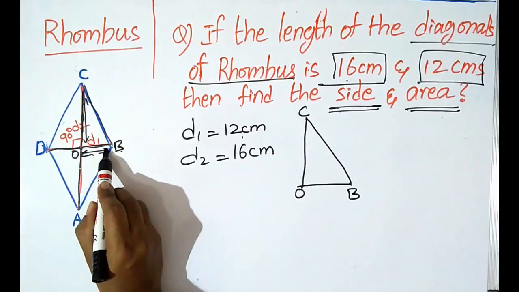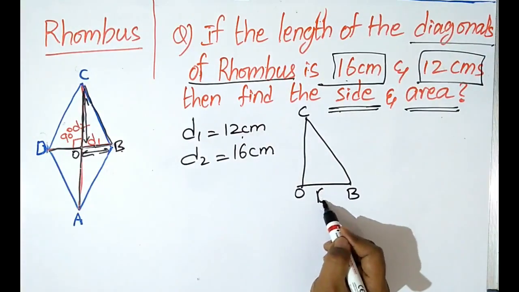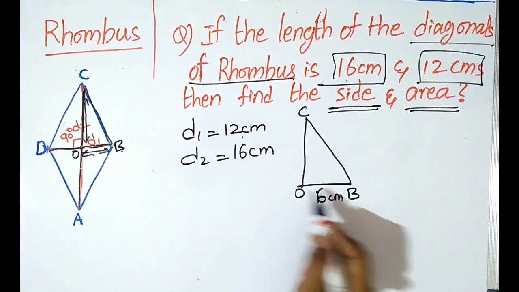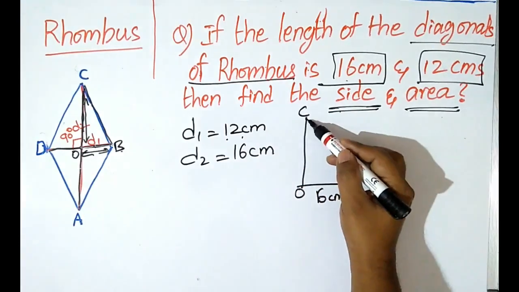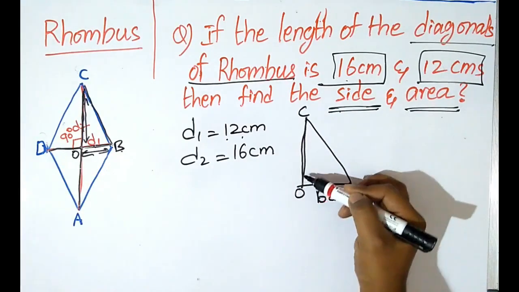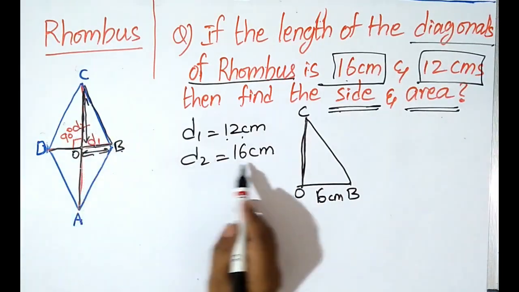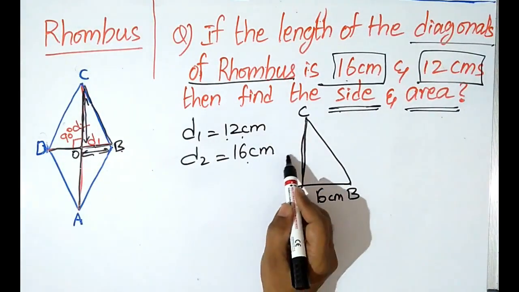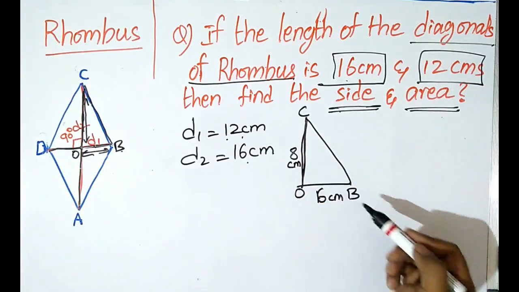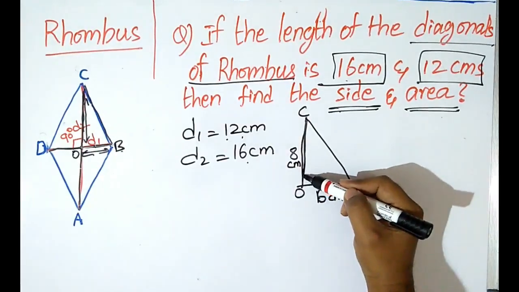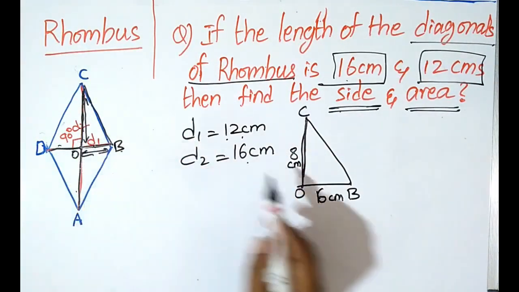Here the base is given by half of D1, that is 6 centimeters, and this part is given by half of D2, that is 16 by 2, that is 8 centimeters. We know these diagonals bisect at 90 degrees.